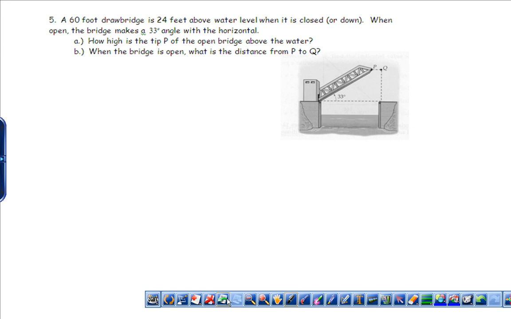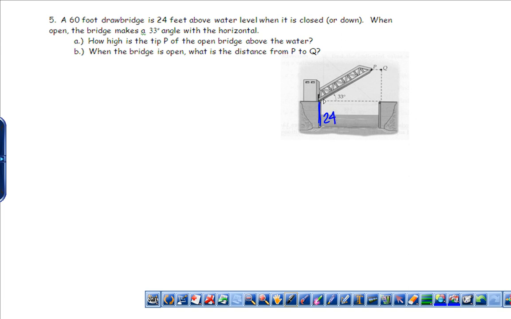And my last problem. A 60-foot drawbridge is 24 feet above the water level when it is closed or down. When open, the bridge makes a 30 degrees angle with the horizon. So here's my 33 degrees, and it looks like this is going to be 24.